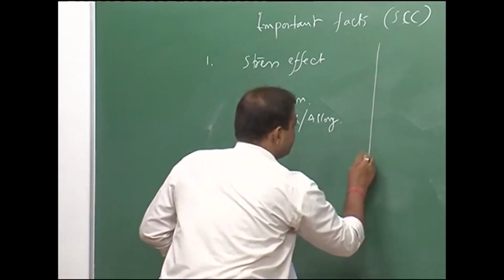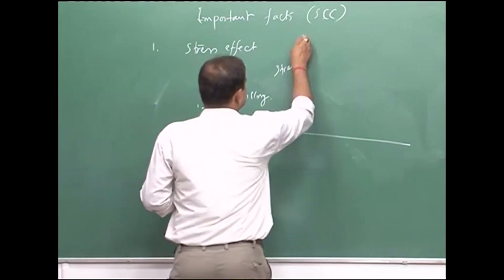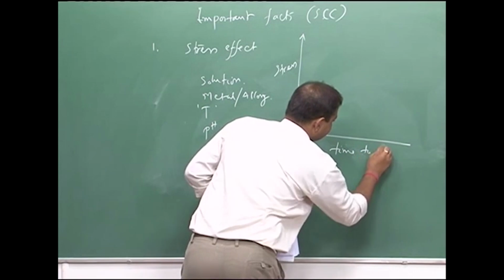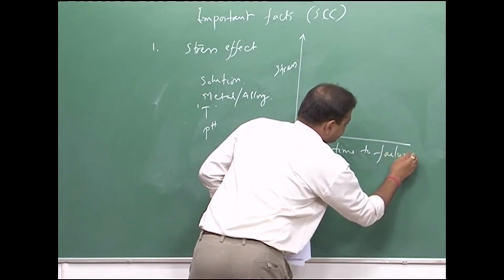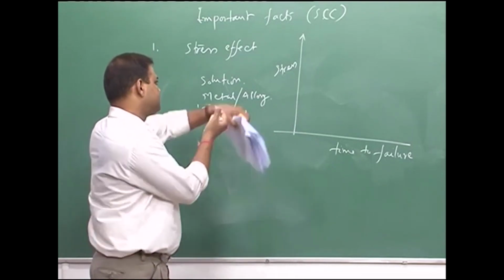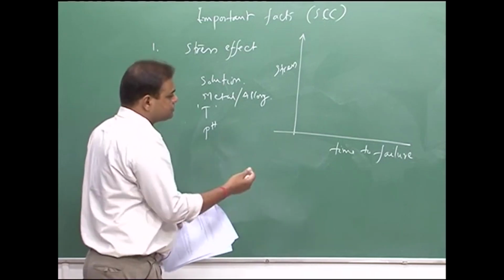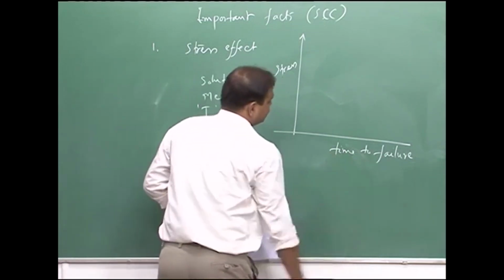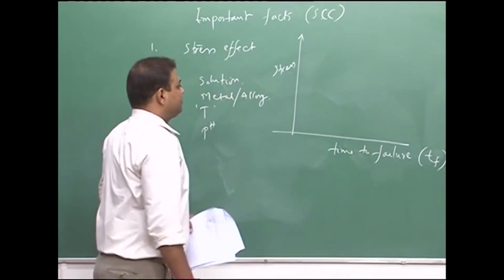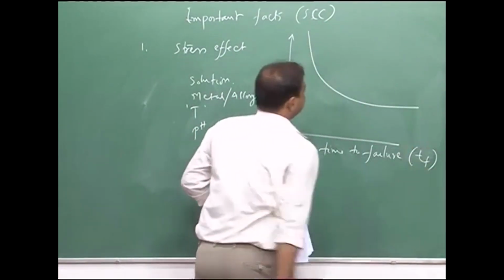Now, let us say if we plot stress on the y axis and here we plot time to failure, the total time taken, let us say we have put a stress in a particular component and then that is exposed to a particular solution, and then total time to failure we always term it as Tf, that we try to measure and say the graph becomes like this.